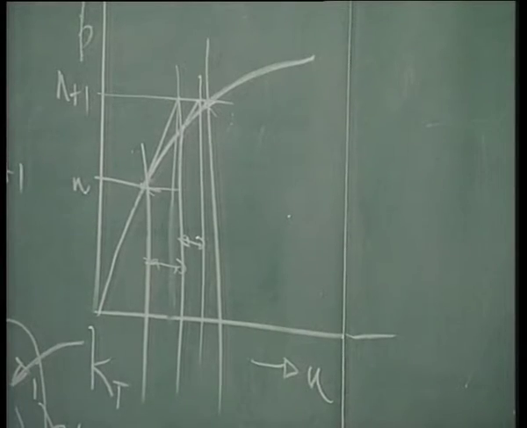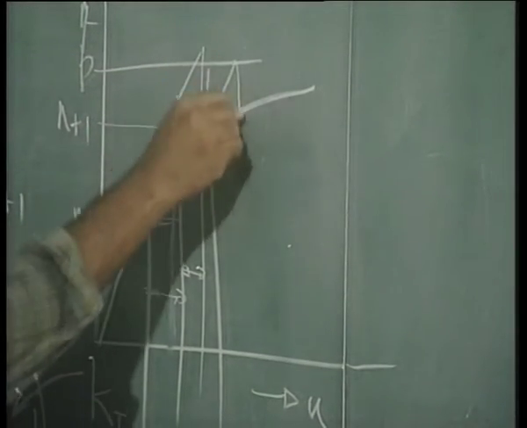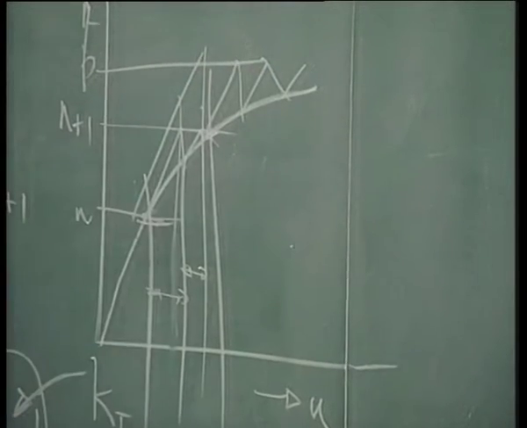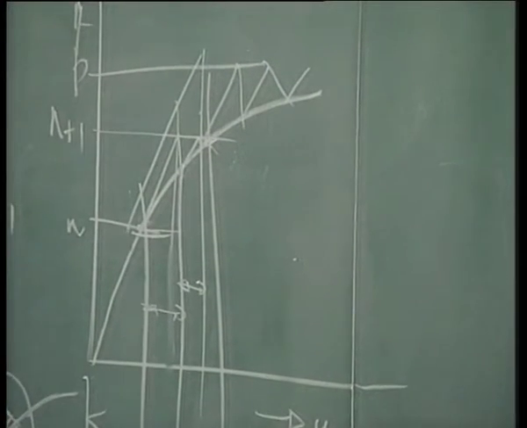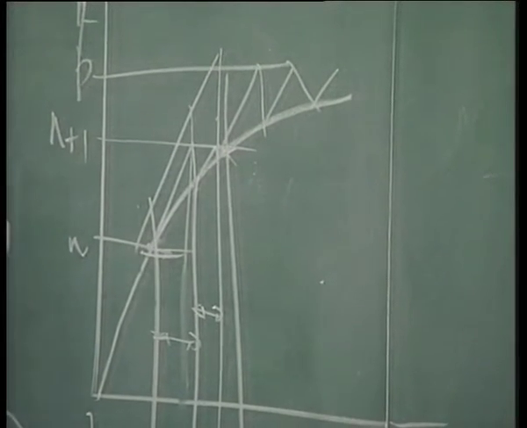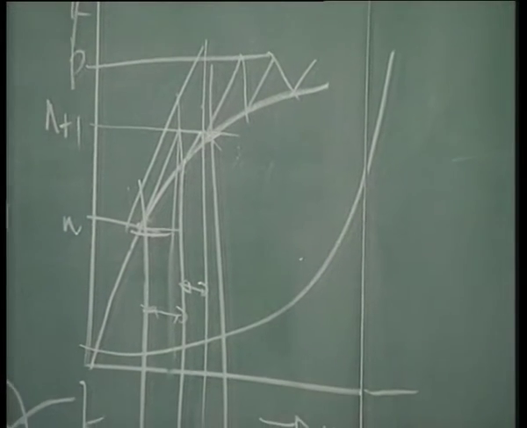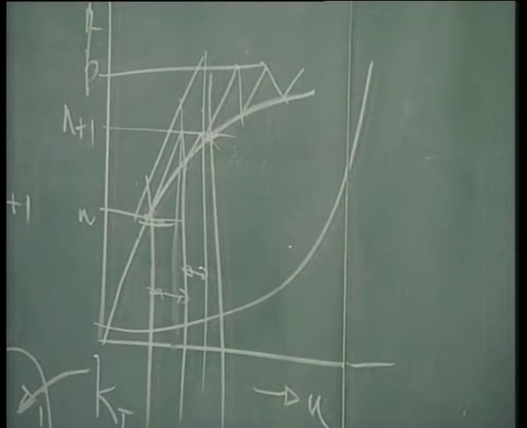Suppose I take a big step from here to here, then I have to keep on working for a number of increments. I may or may not get convergence, there may be divergence also. Suppose the curve is like this, then there are problems of divergence. What does it mean? It means that I may not converge.